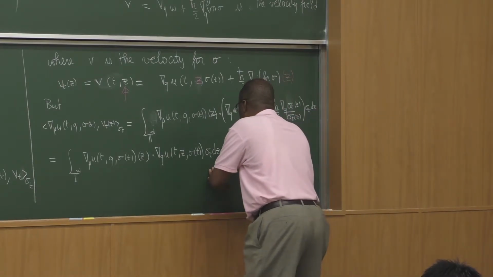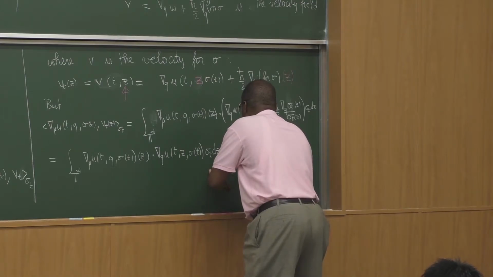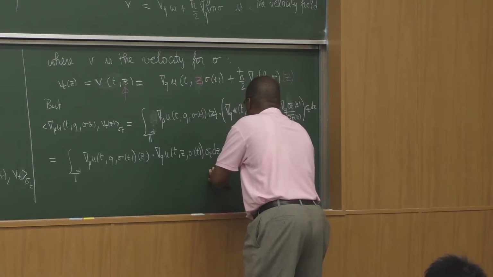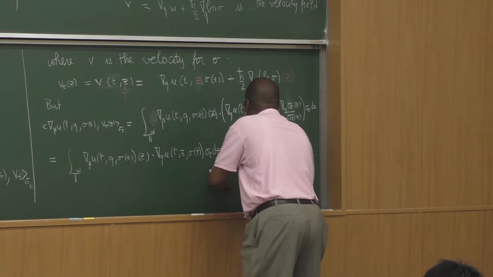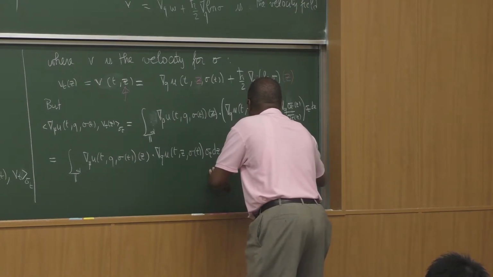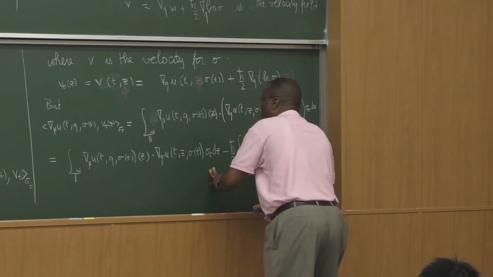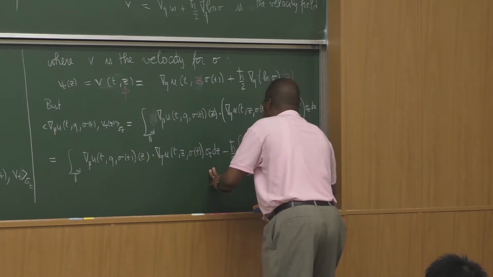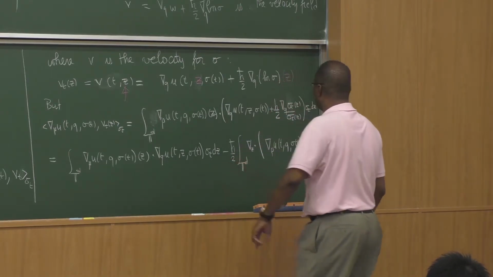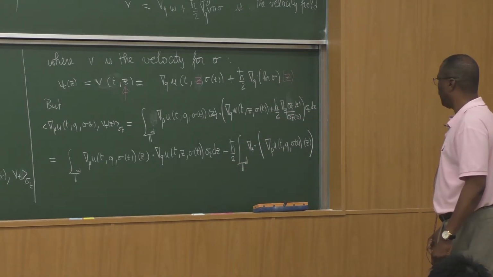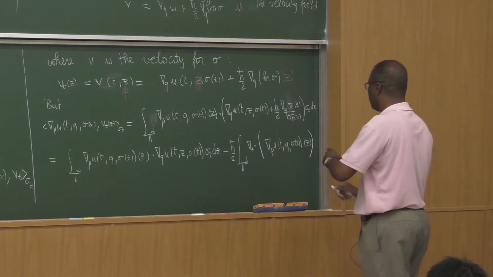So I'll have a negative h bar over 2, the integral on the torus, the divergence with respect to z of gradient mu of U at t, q, sigma t of z, and I will be left with a sigma t.